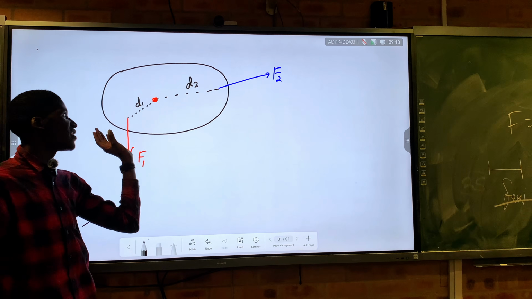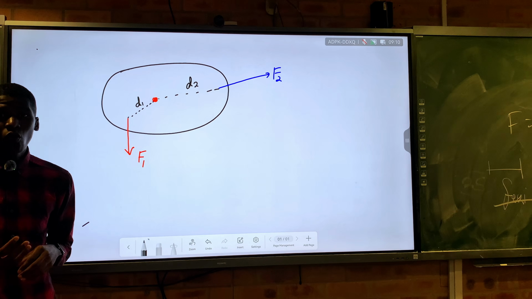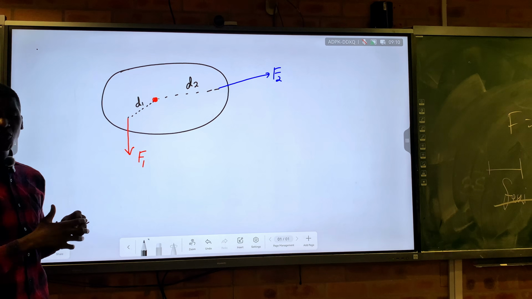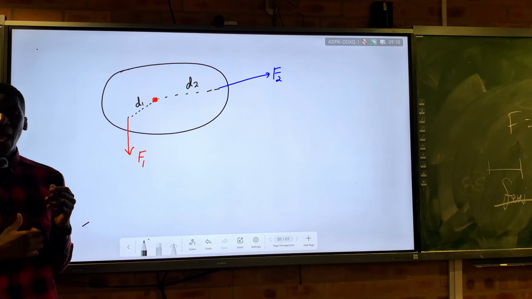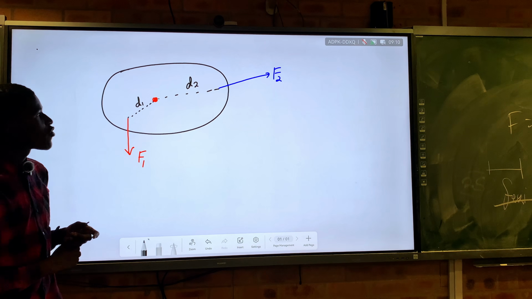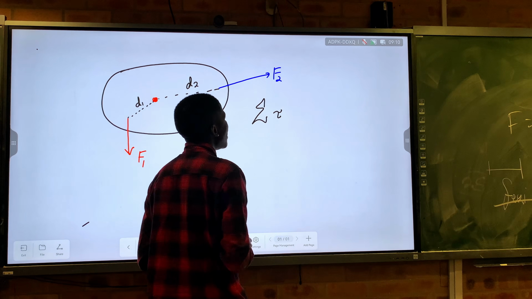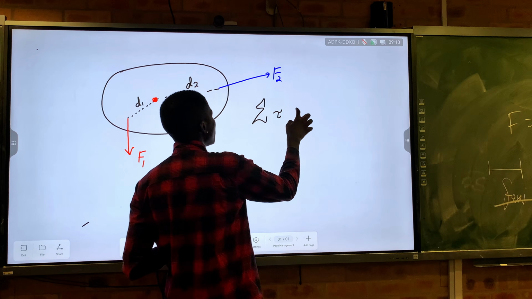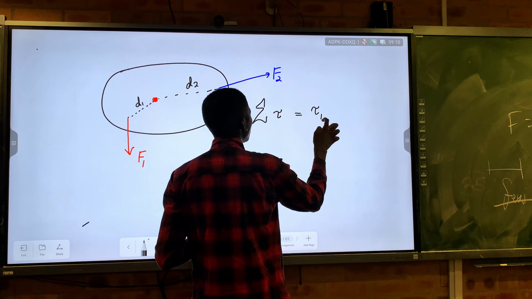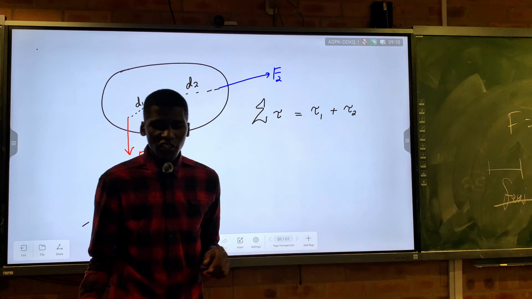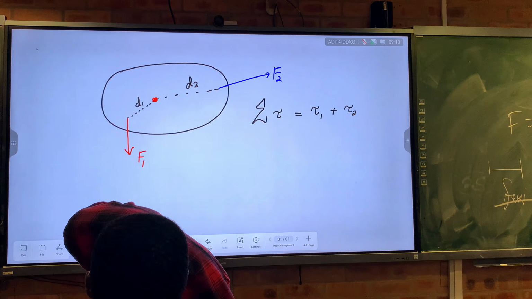So having these two, we now have two forces applied on the same object, so you can compute the sum of the torques. When you compute the sum of the torques, it simply means that you add torque 1 plus torque 2.